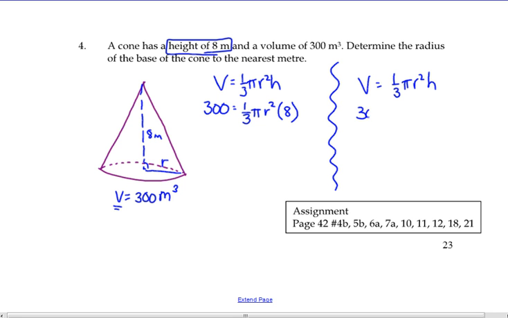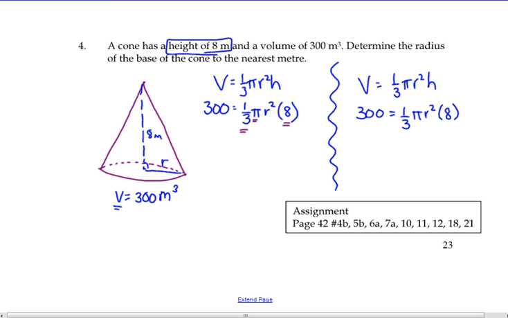Okay, the first way I'm going to show you is we want r squared by itself. But it's being multiplied by 1/3, by pi, and 8. So we can turn 1/3 pi and 8 into one decimal. We can combine them so that it's not 3 things, it's 1 thing.